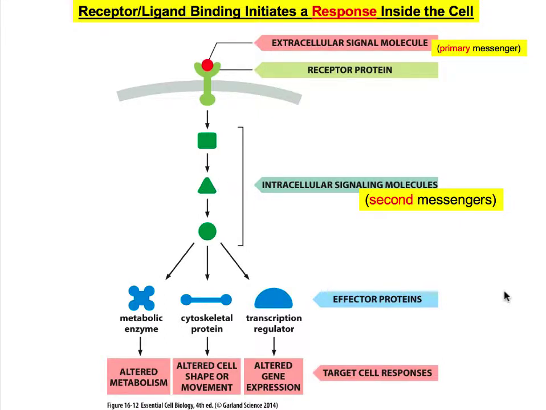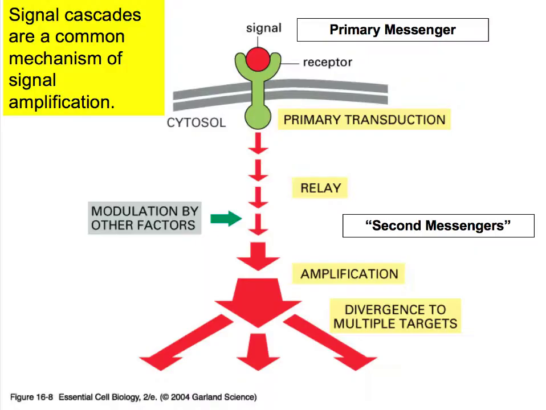The important thing here is that the cell's behavior is normally changed as a result of binding a signal to its receptor. The other important thing to realize is that in most cases, the signal becomes amplified as it cascades through the cytosol into different parts of the cell.